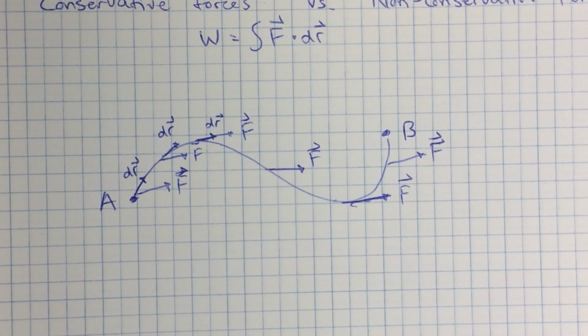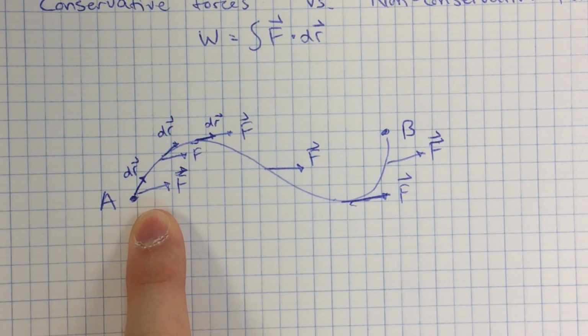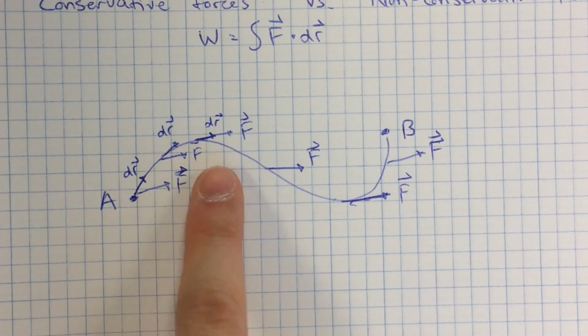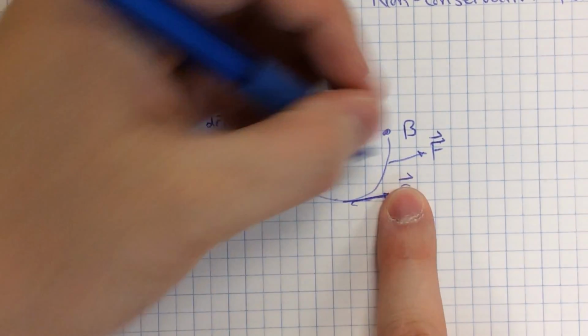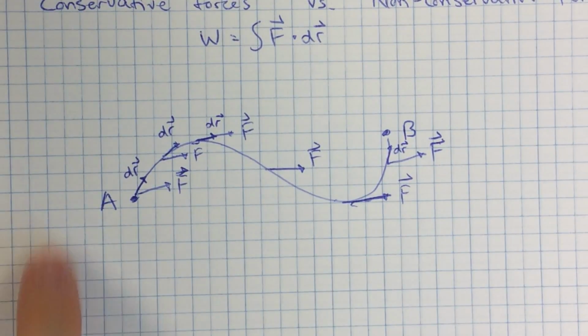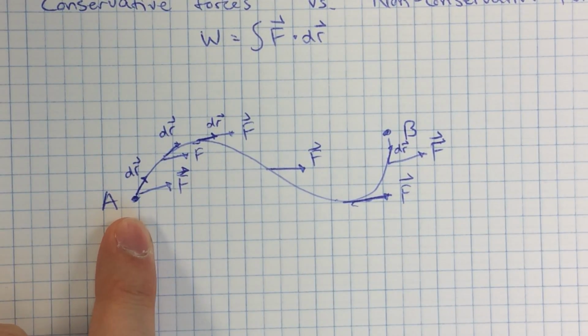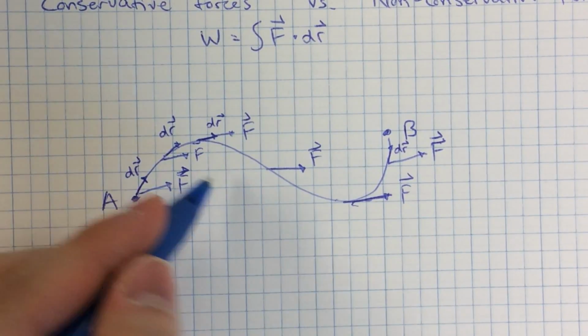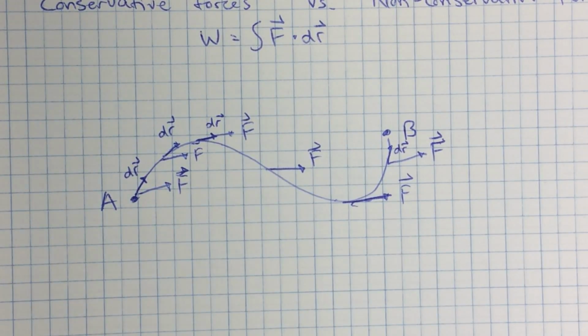How much are they in line with each other? Here, they're maybe 45 degrees in line with each other. Here, they're entirely in line. Maybe right here, they're hardly in line at all. So sometimes the force is contributing to its motion, and other times it is not, maybe not completely.